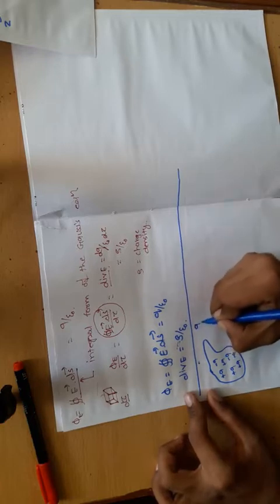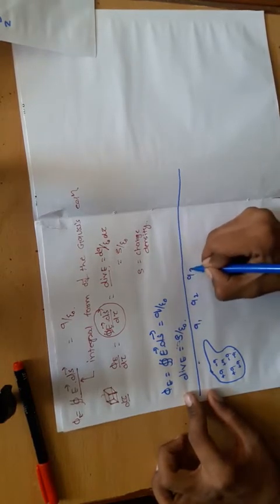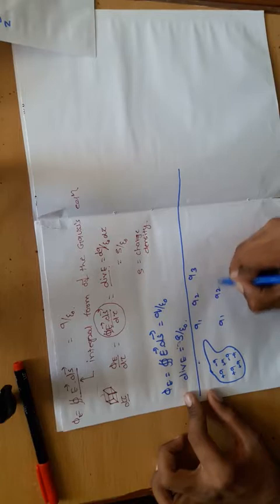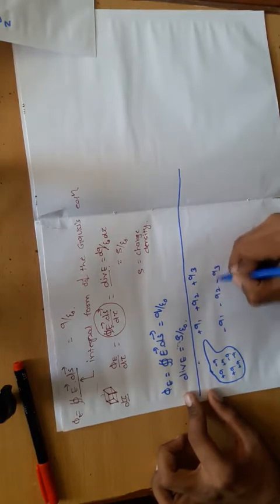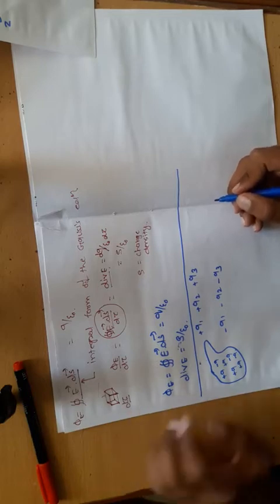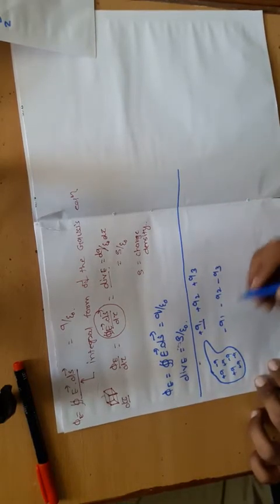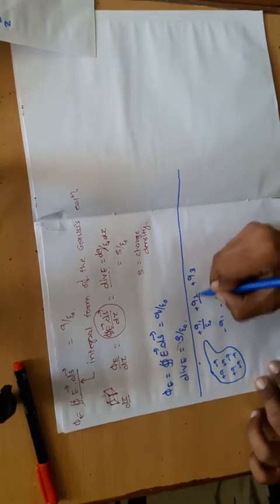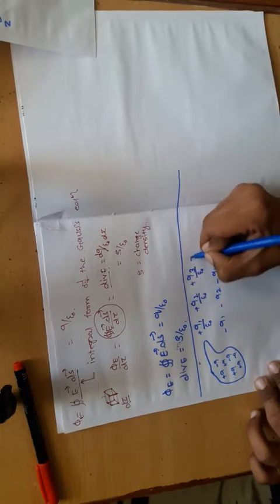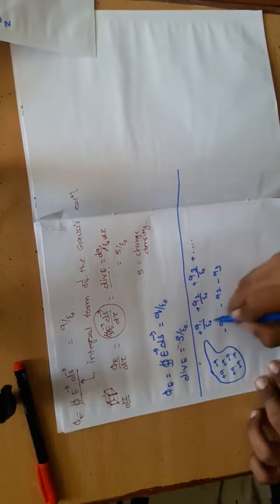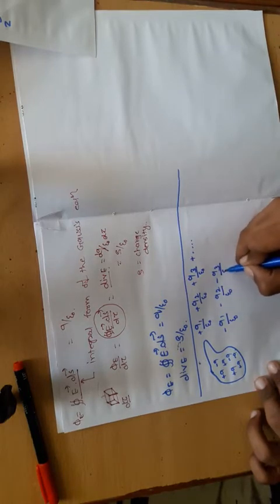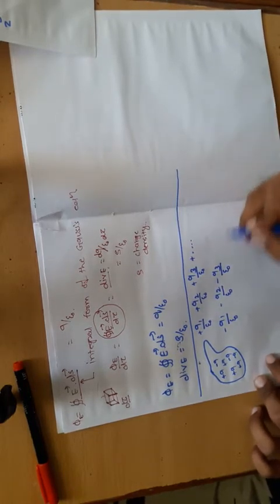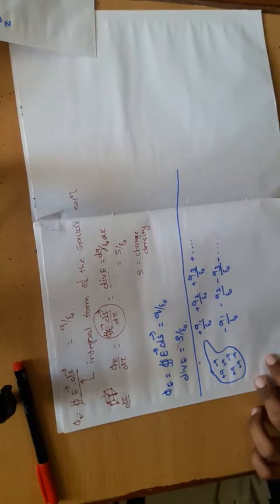Q1, Q2, Q3, these are the positive charges and these are the negative charges. So what will be the flux from this charge? That will be Q1 by epsilon naught, Q2 by epsilon naught, and Q3 by epsilon naught, plus so on. And for the negative ones, minus Q1 by epsilon naught, minus Q2 by epsilon naught, minus Q3 by epsilon naught, minus so on.